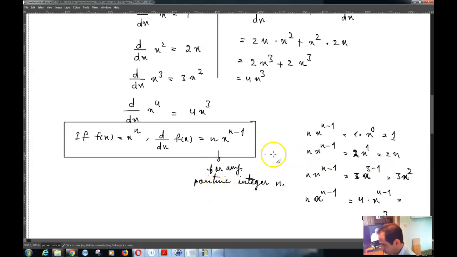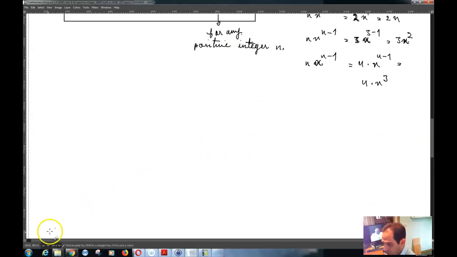And the proof for this is as follows. Okay, so now to prove this theorem, the function that we had was f of x equal to x raised to the power n.